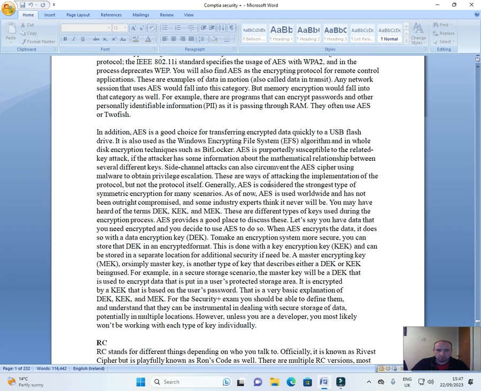These are ways of attacking the implementation of the protocol, but not the protocol itself. Generally, AES is considered the strongest type of symmetric encryption for many scenarios. As of now, AES is used worldwide and has not been outright compromised, and some industry experts think it never will be.